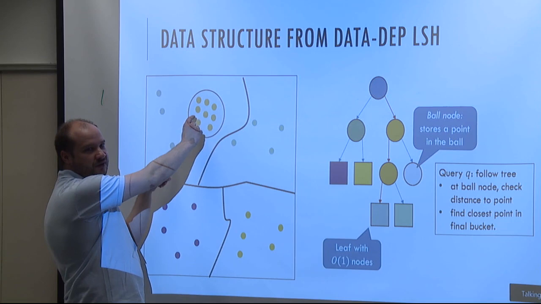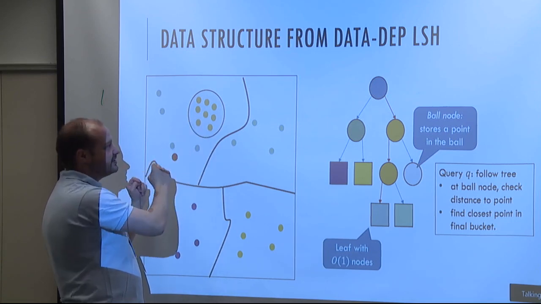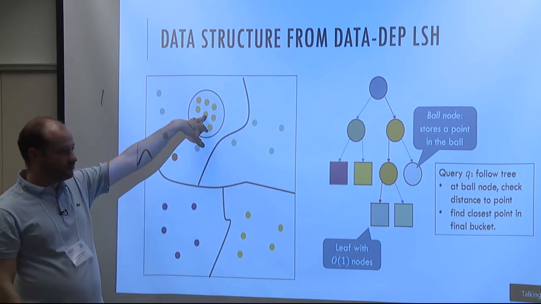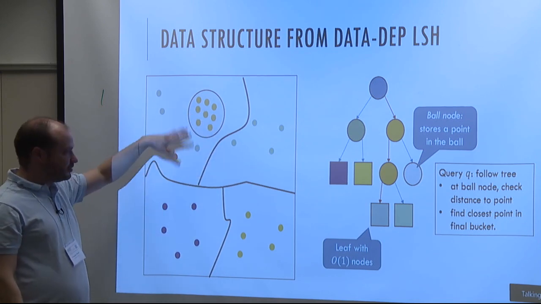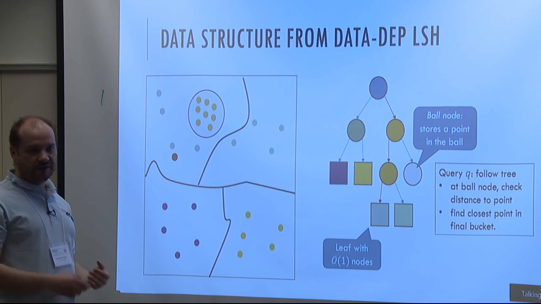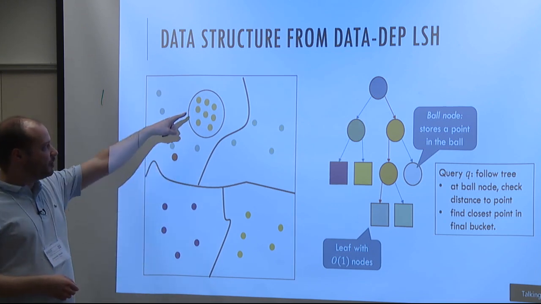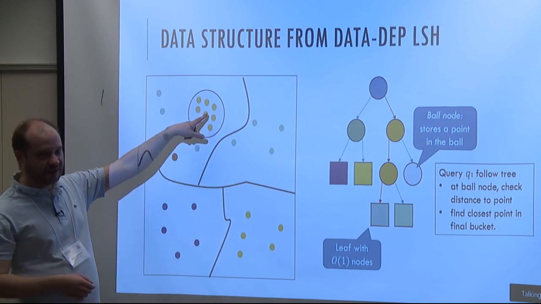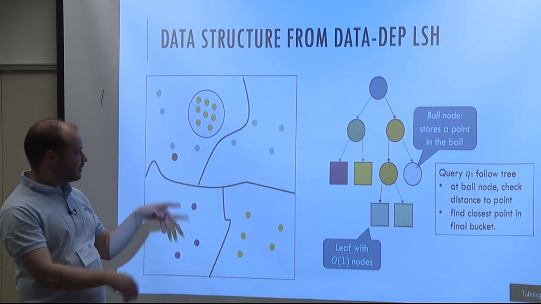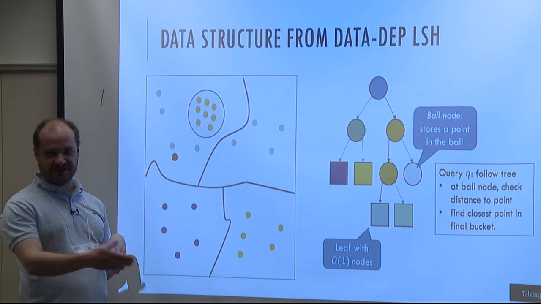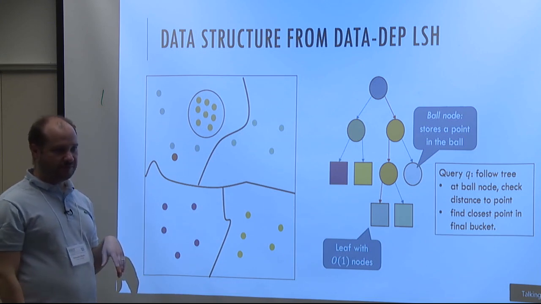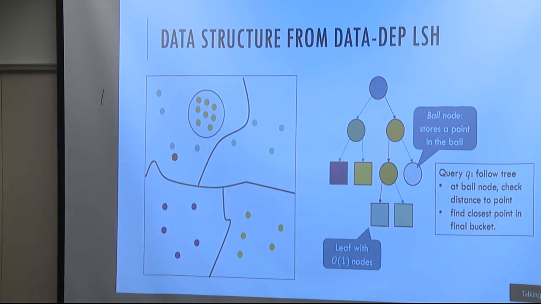Is it close to the ball node? If it is close enough, then I'll output the point in the ball. If it's not close enough, I'll continue down the tree. And I either stop at a ball node because my query point is close enough to it, or I stop at a leaf where I have only 5 points, and then I can find the closest neighbor among the 5 points by just looking for them. So that's the kind of data structure you get out of this.